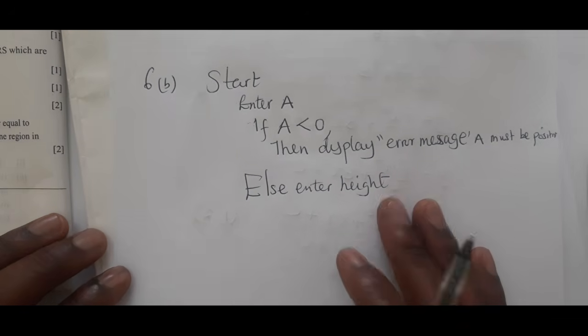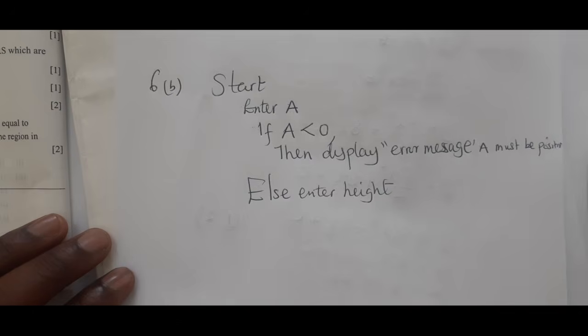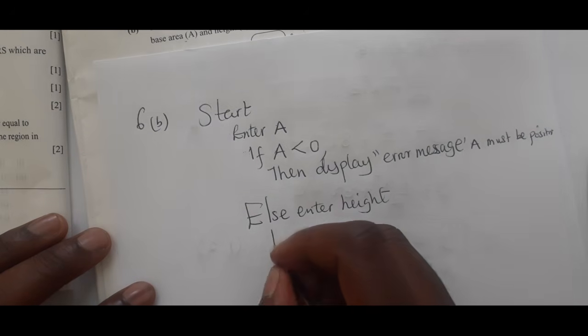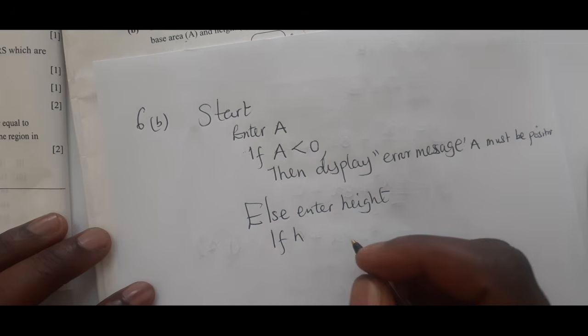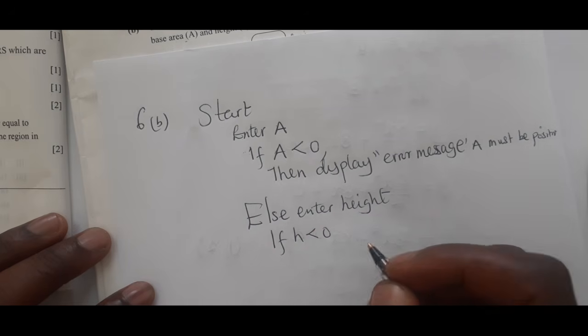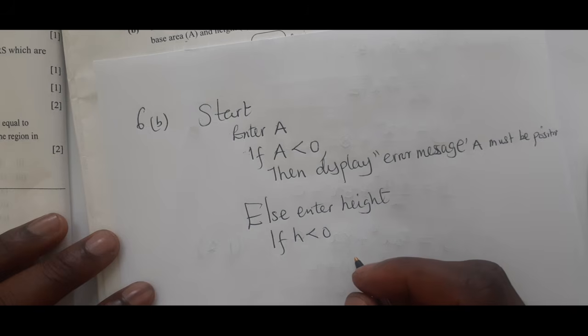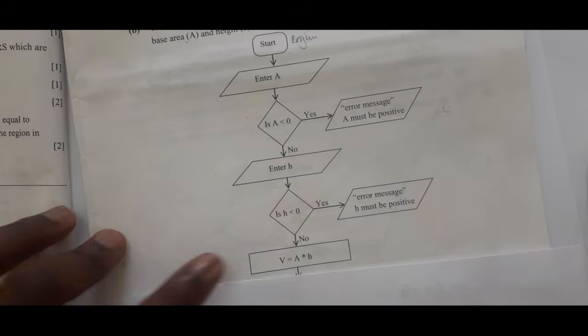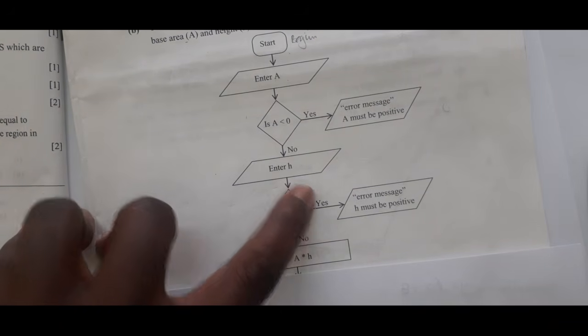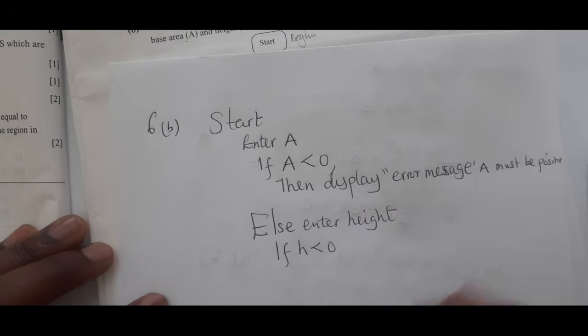Then from this point we can now say if h, which is height, is less than 0, okay? What are we supposed to do? Look at this, we have another. Yes. Then we're going to go through the same thing.